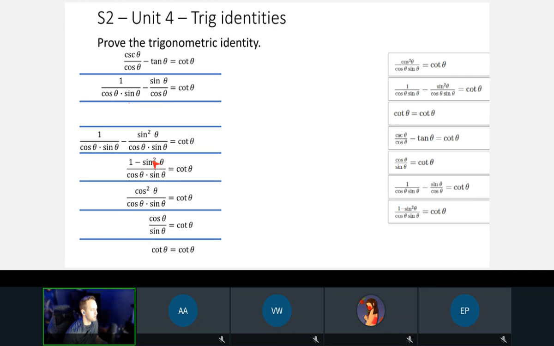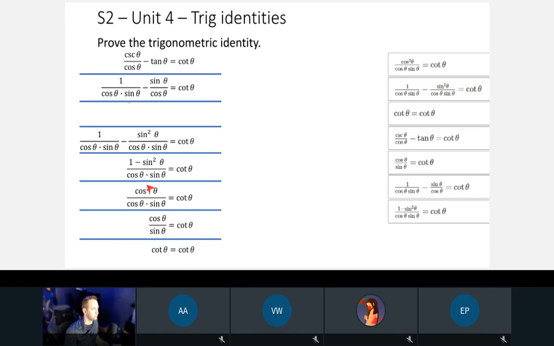Next, looking at your identity sheet, you have cosine squared plus sine squared equals 1. So we're going to use that identity to subtract out sine squared, and that's how you get cosine squared is equal to 1 minus sine squared. I don't have it on this page, but it's on your identity sheet. So 1 minus sine squared theta is equal to cosine squared theta.